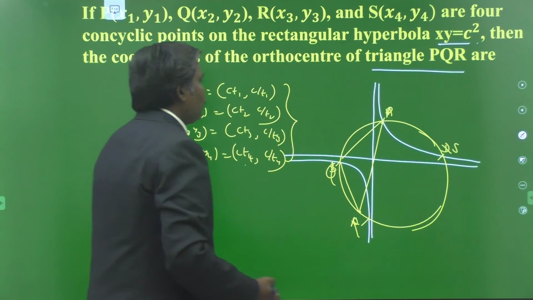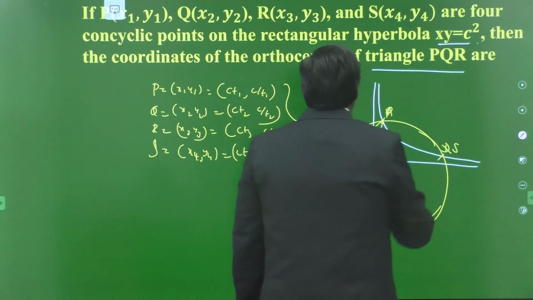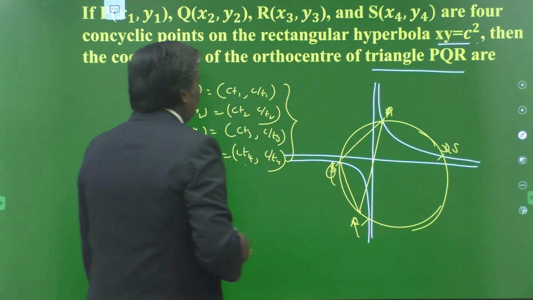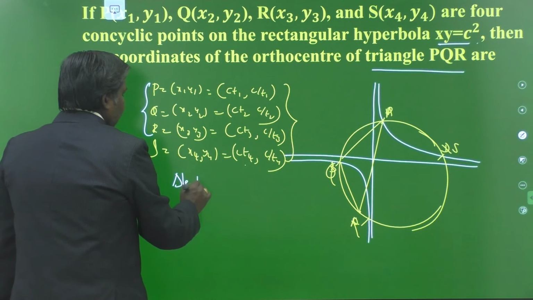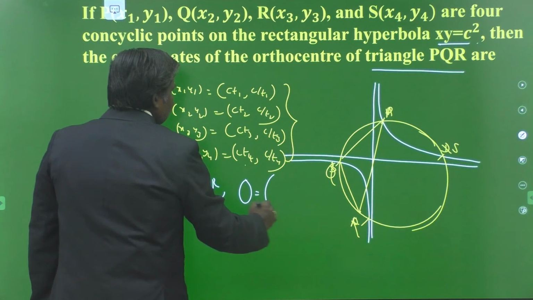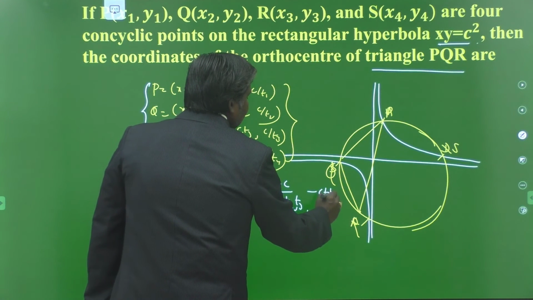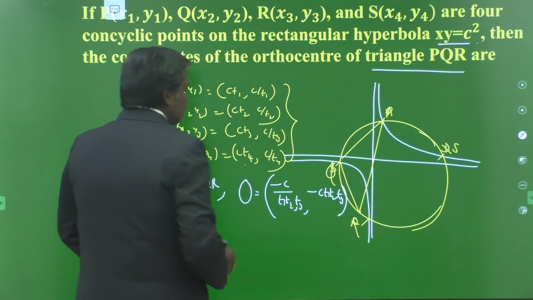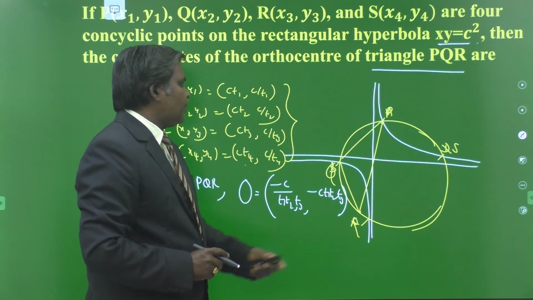These are the 4 concyclic points on your rectangular hyperbola. Now what is the orthocenter of the triangle PQR? For triangle PQR, the orthocenter, as we just proved, is (-c/(t1t2t3), -c t1t2t3). This is your orthocenter.